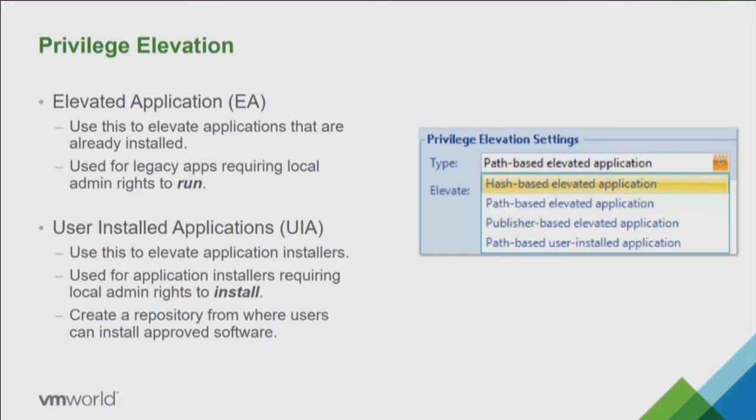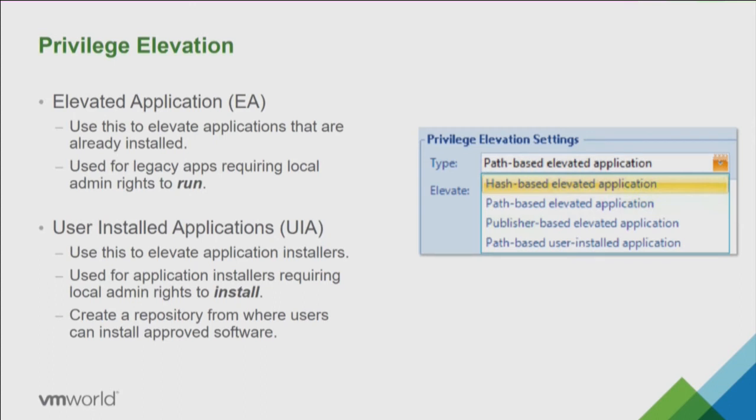Right? Another feature of User Environment Manager is privilege elevation. Typically, if you're doing a Windows instant clone or RDSH session, the user has very limited Windows permissions. And if you're using certain kinds of applications, they won't run unless the user has some fairly high administrative level permissions. So for privilege elevation, I want to say escalation, that's why it keeps tripping me up.